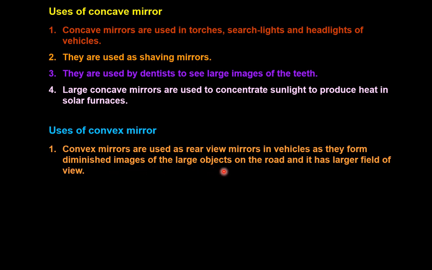The second advantage of using this convex mirror is that it has a larger field of view, meaning more and more area can be covered because of its outward bending. That's why in vehicles as a rear view mirror we use a convex mirror, because it provides an erect, virtual and diminished image of large objects, and it can cover more area in which vehicles are coming behind the vehicle which we are driving.